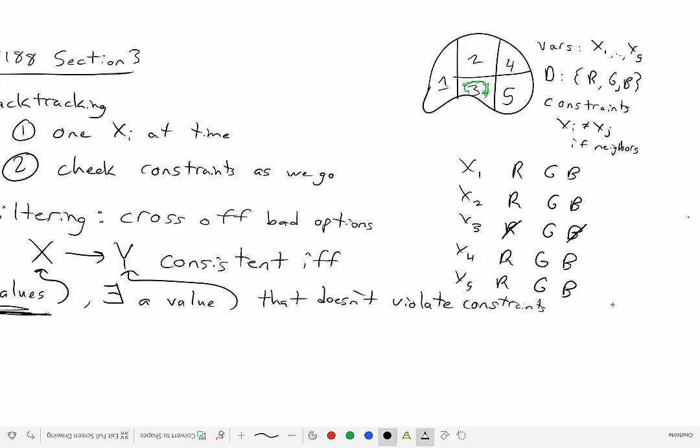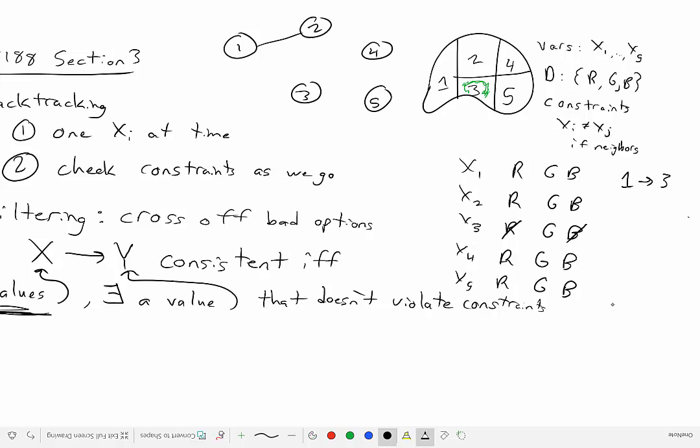So what does this mean? I'm going to add every arc that points to 3. So I'm going to add 1 to 3 because they're neighbors. So if I draw the graph of what this would look like, it would look something like this. 1 and 2 are connected.